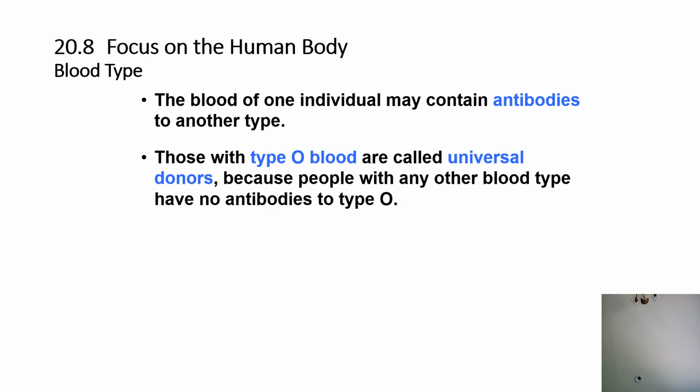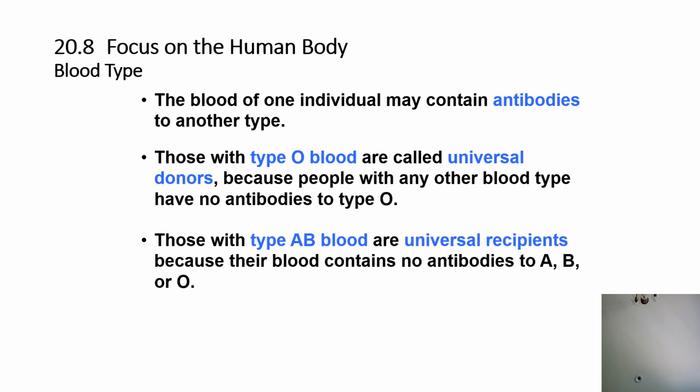So those with type O blood are called universal donors because people with other blood types have no antibodies to the type O blood. So those with type AB blood are universal recipients because their blood contains no antibodies to A, B, or O. Kind of an interesting use of those carbohydrates.